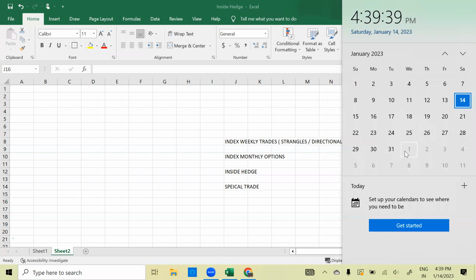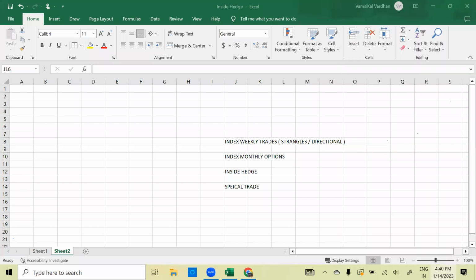That will be very painful to trade. So we are trying to avoid, or we will try to do a small inside hedge kind of thing if any opportunity comes. Carols, just avoid. But after 1st February, after the budget, we are good to go. We can continue.